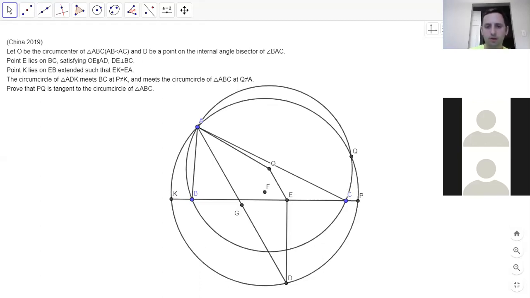Let's see. But wait, AKB is AKE, which is AEK, which is AEB.